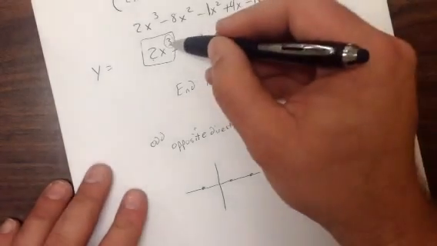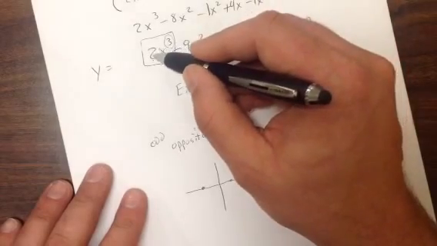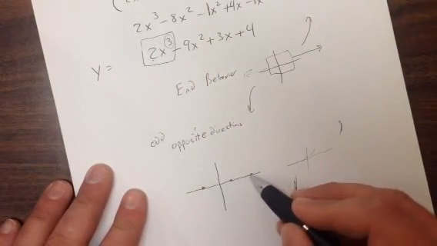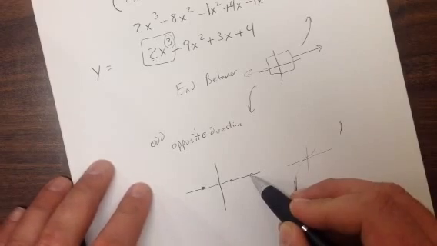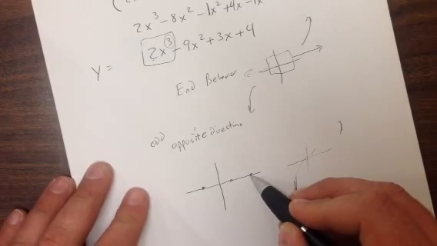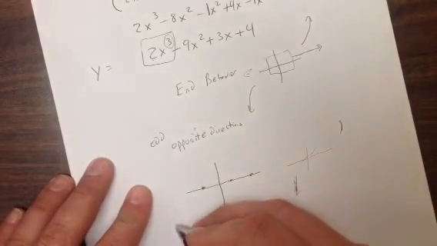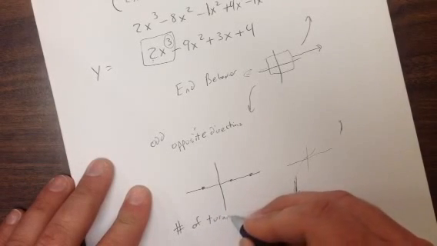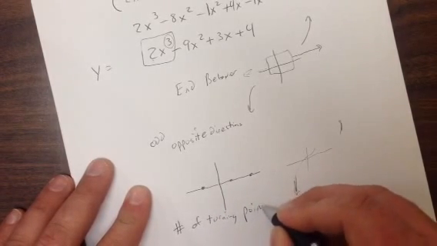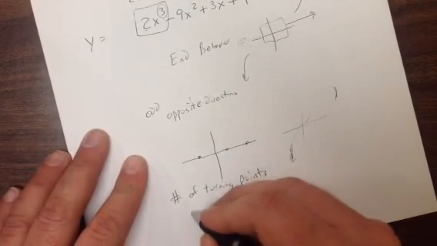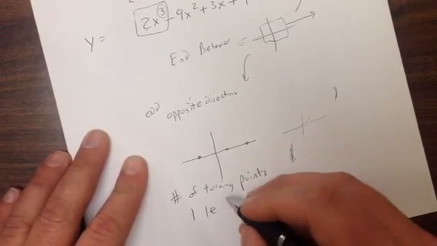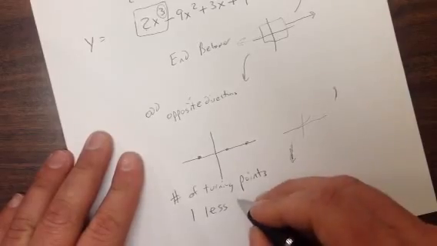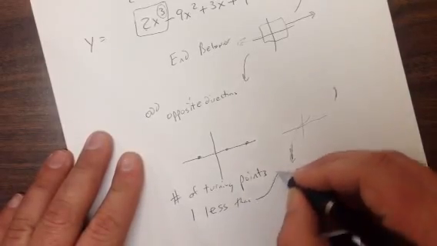So we learn a lot from that lead term: the end behavior, the potential number of zeros, and the potential number of turns. The number of turns, or turning points, is at most one less than this exponent right here.